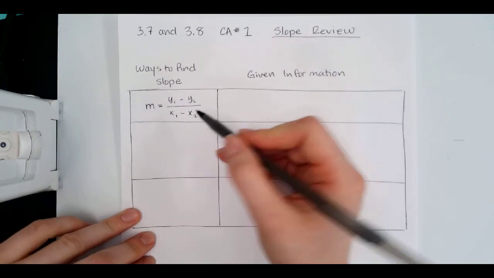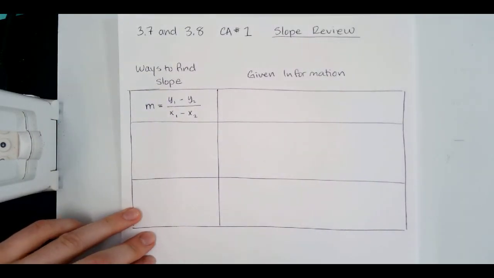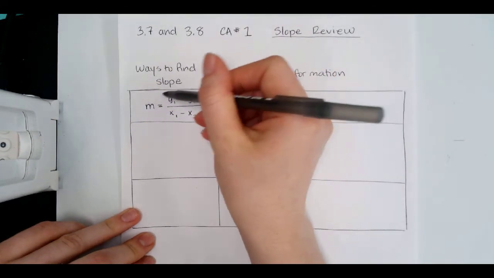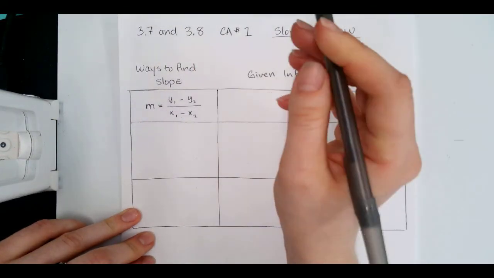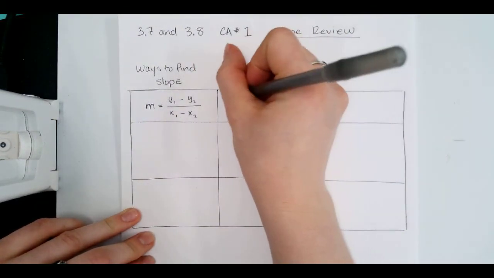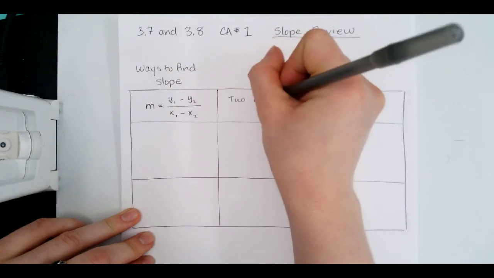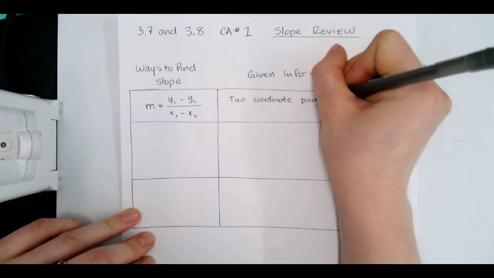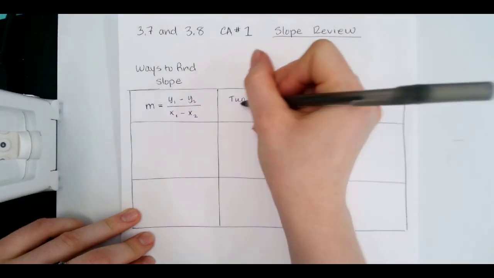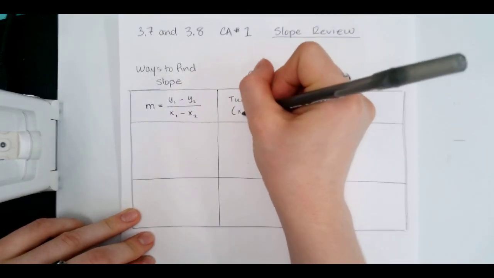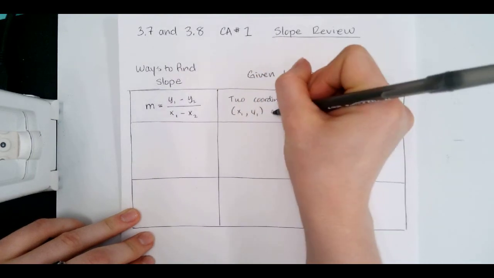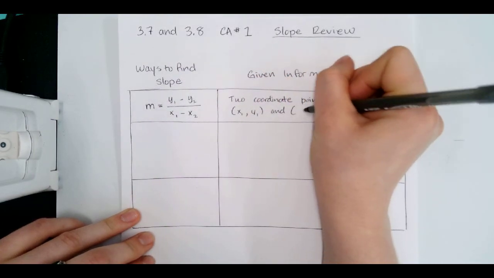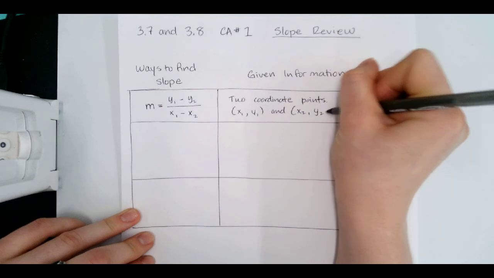Well, these are 2 separate coordinate pairs. So we use this method for finding slope if we are given 2 coordinate points. We'll call them x sub 1, comma, y sub 1, and x sub 2, comma, y sub 2.